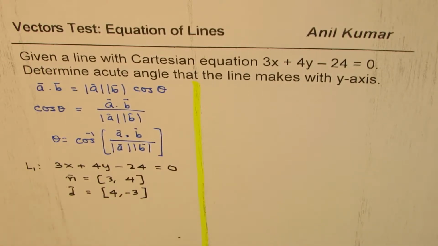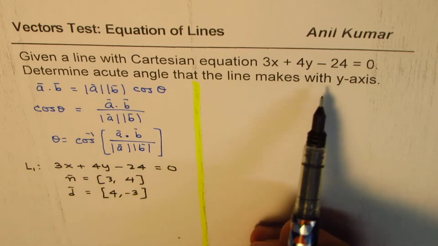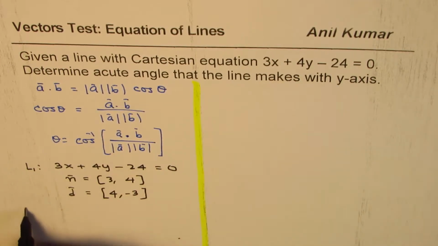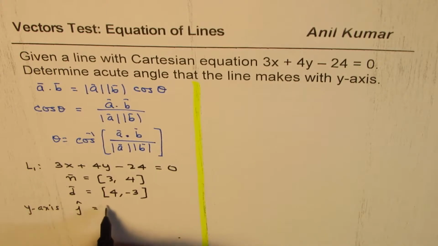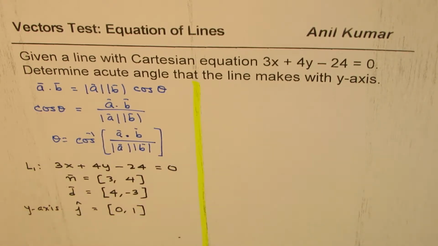So 4, minus 3 becomes the direction of this line. So that becomes one of your vectors. The other vector is of course the y-axis. So when you say y-axis, we could take the unit vector j, which is along the y-axis, which is 0, 1, correct? So now these are the two vectors we are talking about.